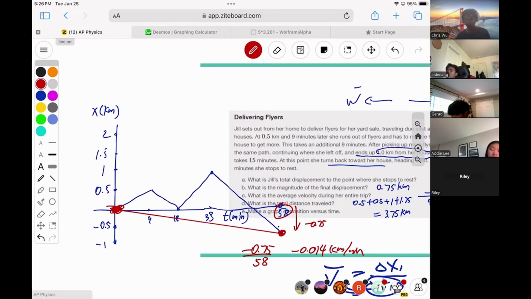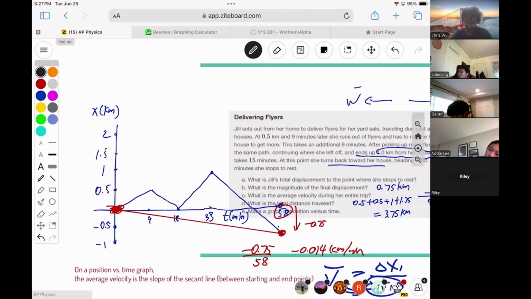Remember the wording. Average velocity, I should probably type it. Average, I should prefix it, on a position versus time graph, the average velocity is the slope of the secant line, and the secant line goes between the starting and end points.